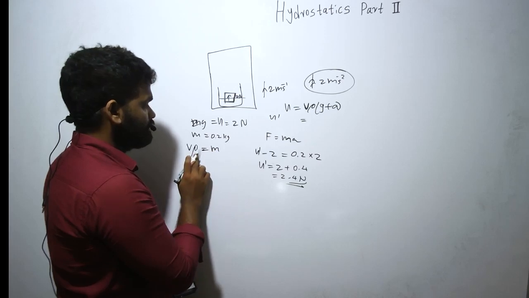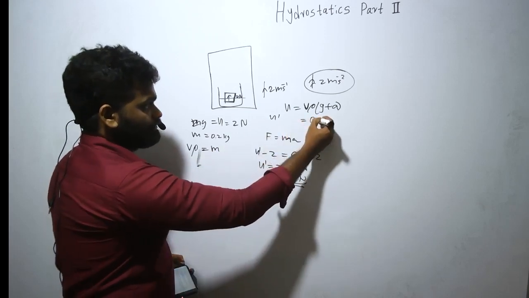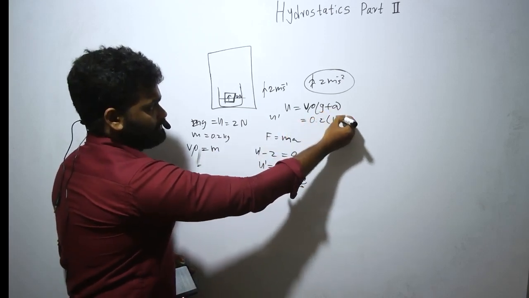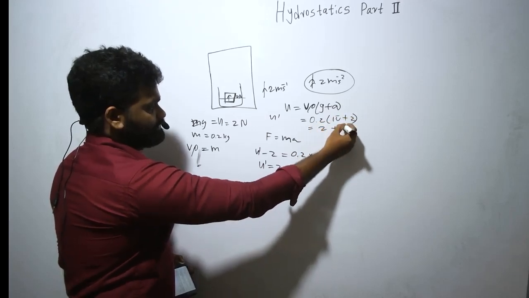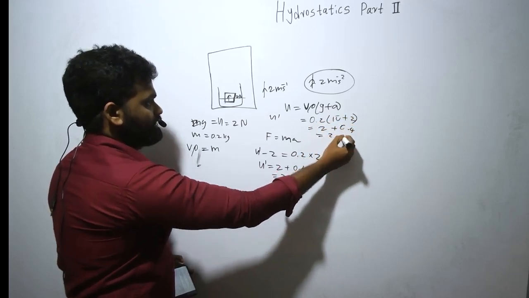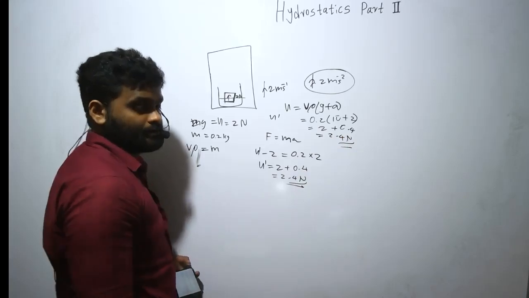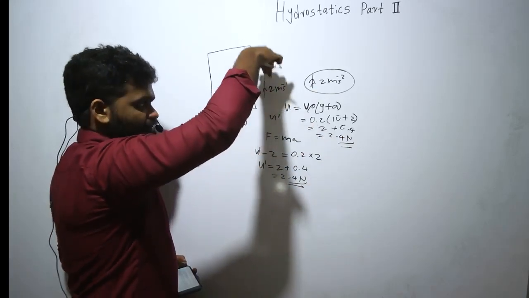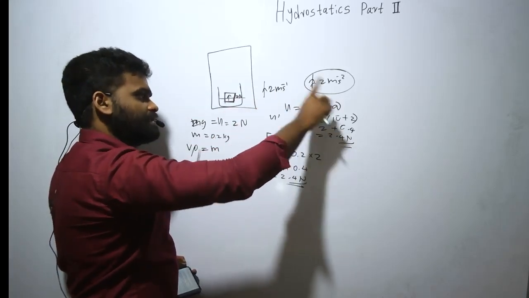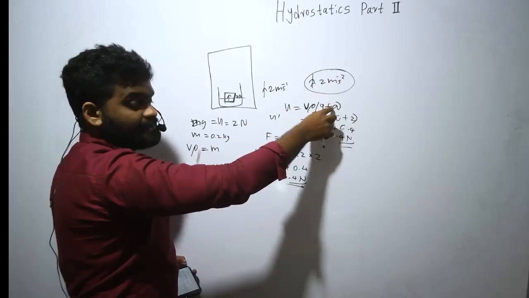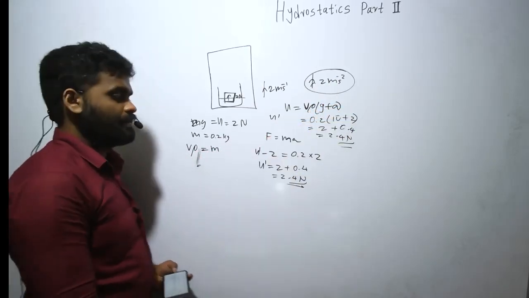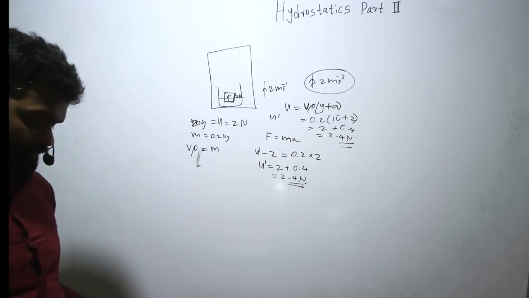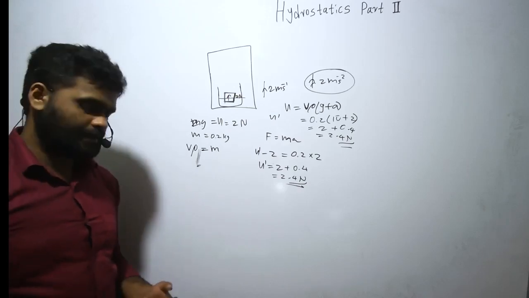So you know V rho is equal to 0.2 here. Then you have 10 plus 2, 2 plus 0.4. So you get the same answer, 2.4 Newton. If the acceleration is downwards, you have to use g minus a. Since it is upwards here, it is g plus a. Right? 2.4 Newtons. So the answer is the fourth one there.